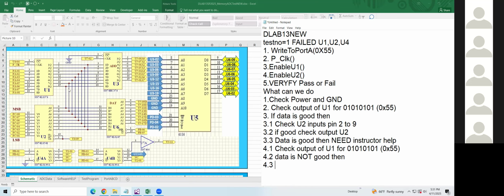Check the input, and check the clock. Okay. Now you know more, right? Oh, okay. Check the input. Check U1 input.